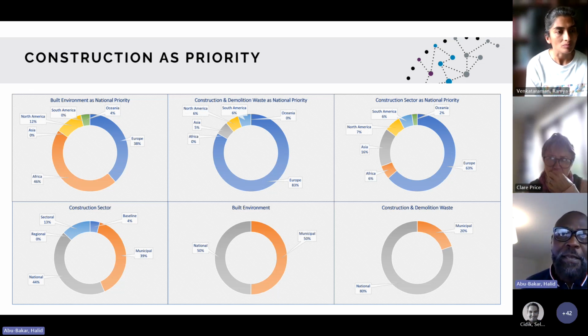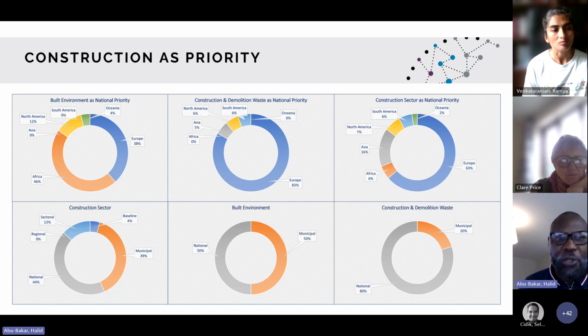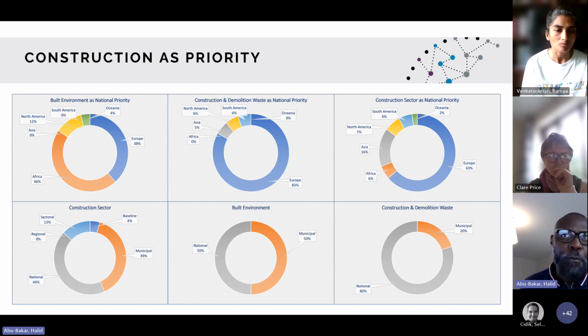So we can see that as far as built environment, Europe leads in pretty much every area. Europe leads in every area. The top three charts show the regional distribution of these three areas as a matter of priority within the roadmaps that they've developed.